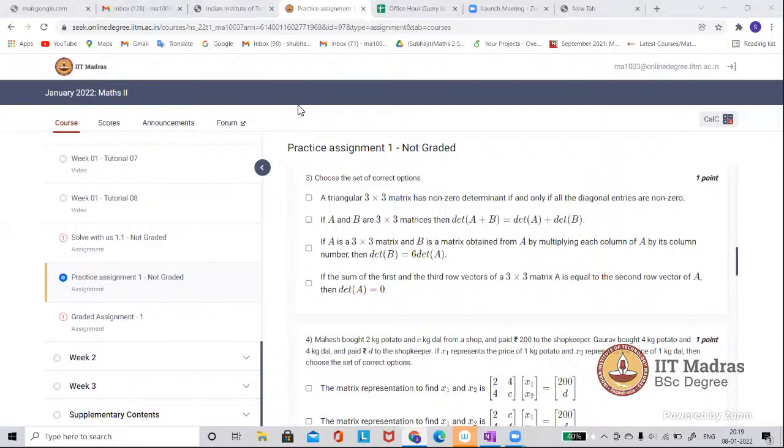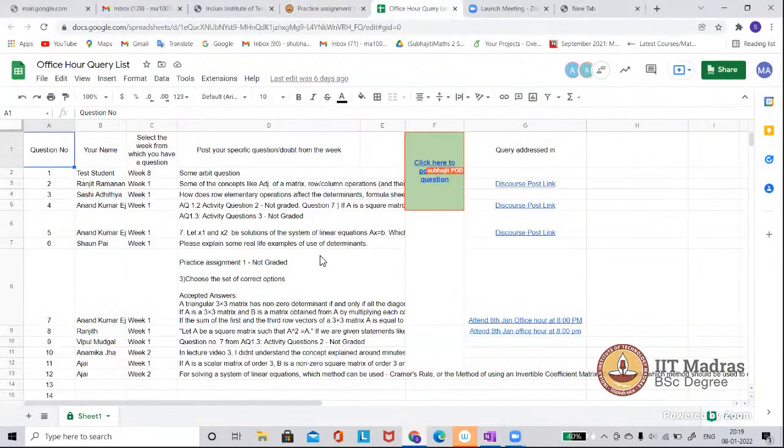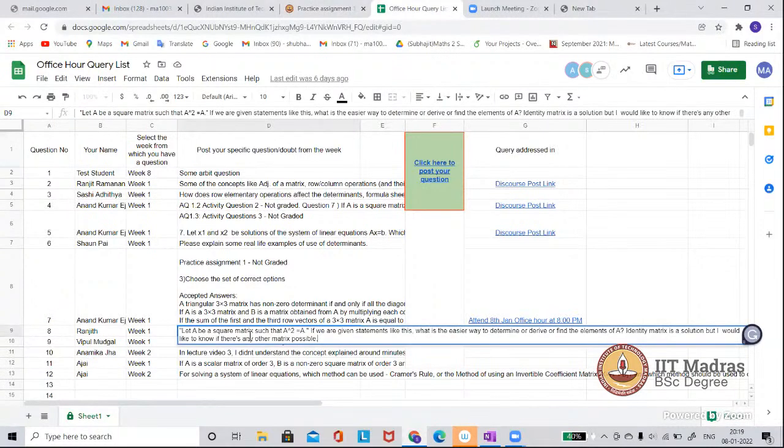Yeah. So let's move on to the next question, which is asked by Ranjit. Let A be a square matrix such that A square is equal to A. In this question he is asking how to deal with such questions.